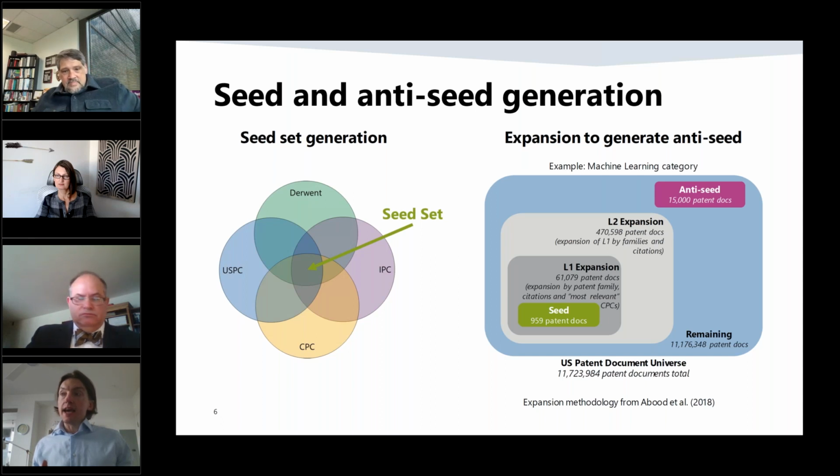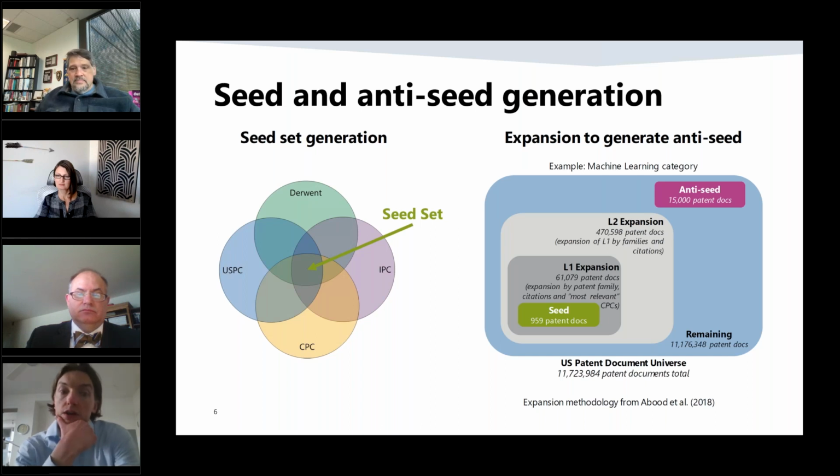For the method that I'll describe in a second, you want to identify a set of true positives, patent documents that are actually in the technology of interest, that you're going to eventually feed into the system.